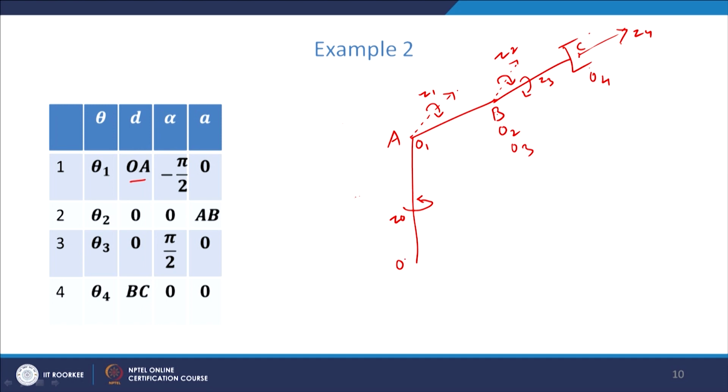Now, we can fix the x direction. Arbitrarily we can fix the x axis x0 and then the corresponding y0 to form a right hand system at the base, and Z0 and Z1 are perpendicular to each other. We get the x1 direction as perpendicular to both Z0 and Z1.